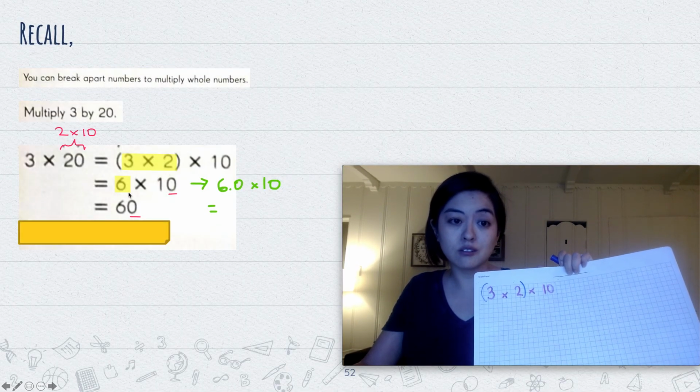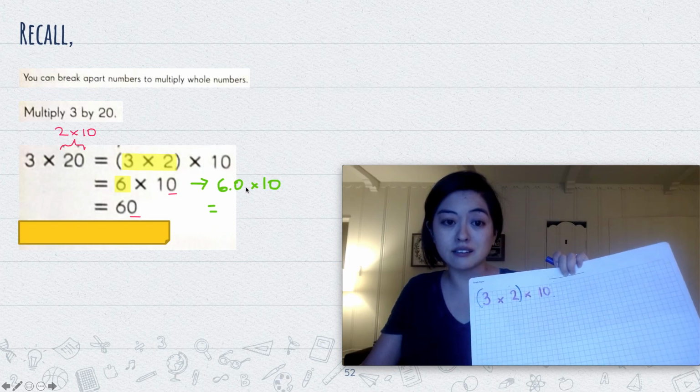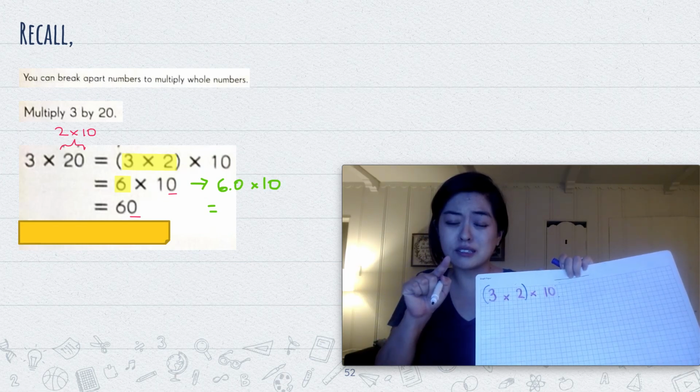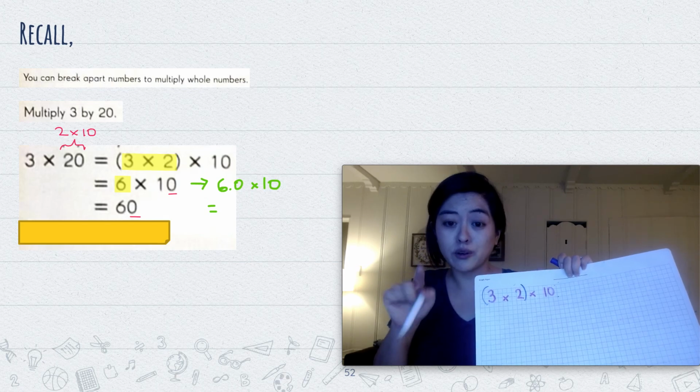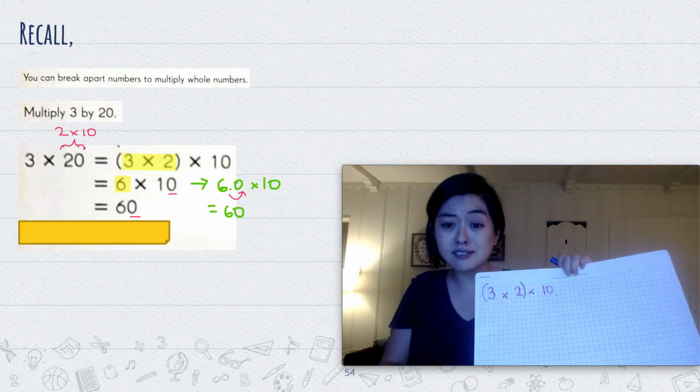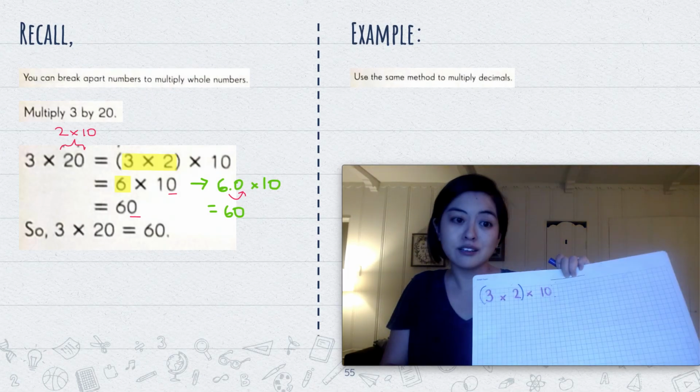Okay, 6, the whole number, is the same thing as saying the decimal 6.0. And let's multiply that by 10. And to multiply by 10, what do I need to do? I just have to move the decimal place over to the right once. Okay? Oh, so if I do that, that actually equals 60 as well. So 3 times 20 is 60.